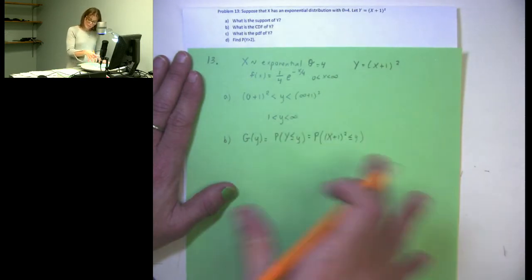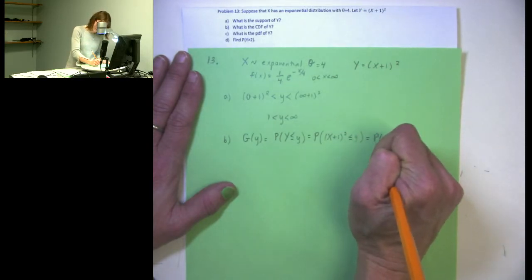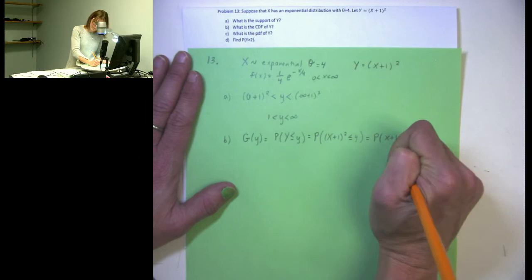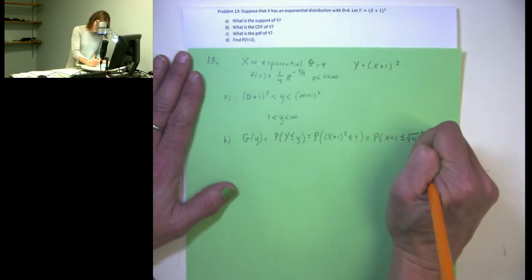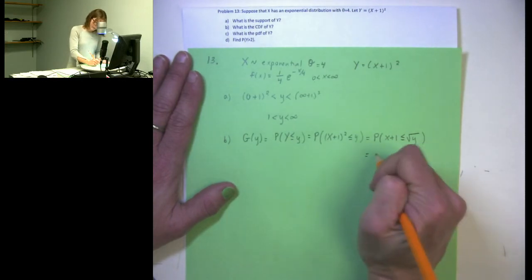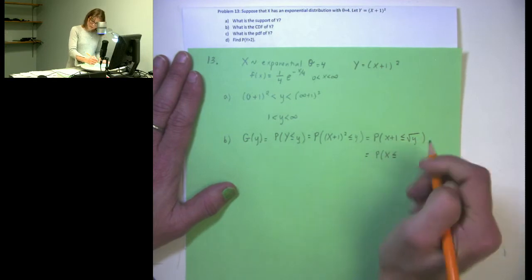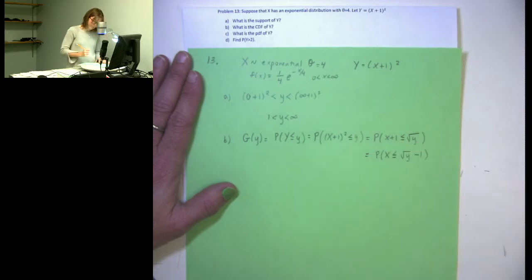So if I do a little manipulation here, that's the probability that x plus 1 is less than or equal to the square root of y, which is the probability that x is less than or equal to the square root of y minus 1.